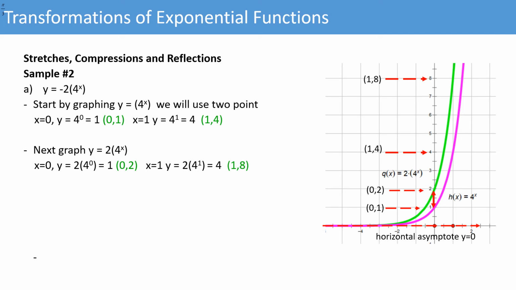I've shown you now with the up-down arrow. And the (1, 4) to (1, 8) shows you again that it has moved up. So we can say at this moment the graph is vertically stretched by a factor of 2. But now we need to look at the negative sign in front.